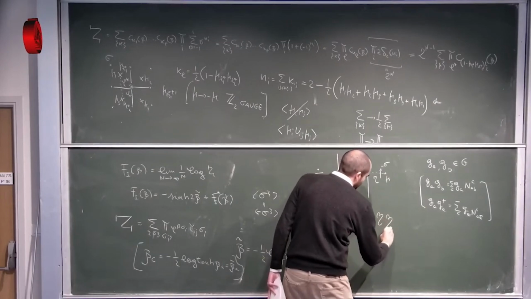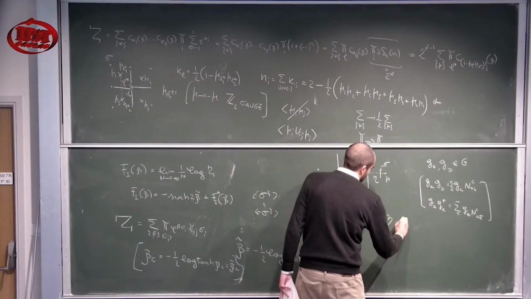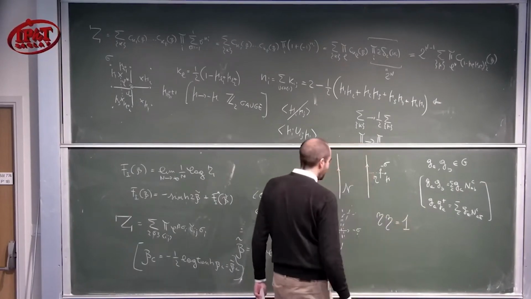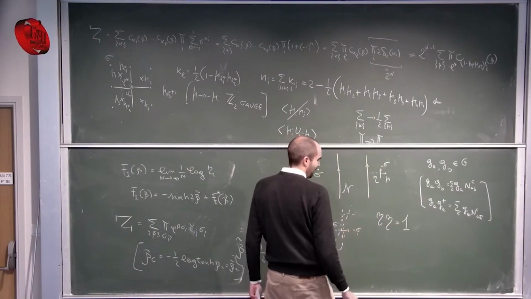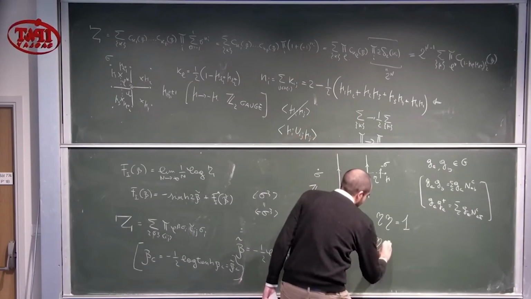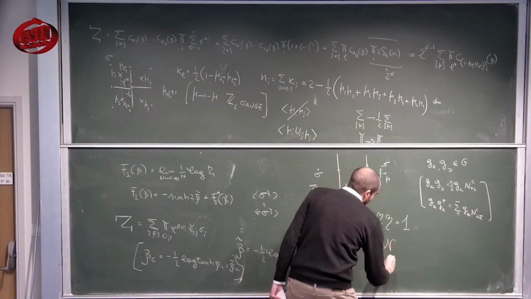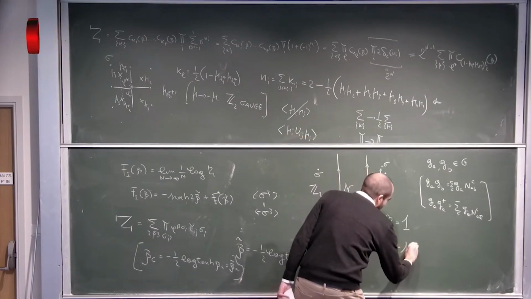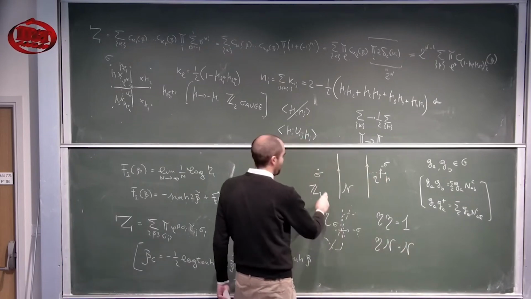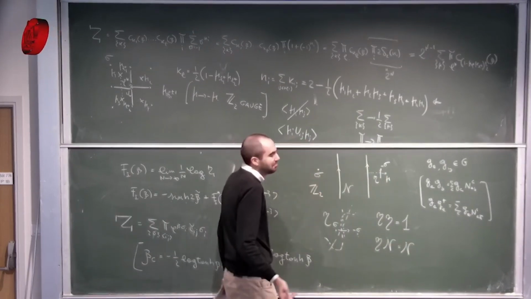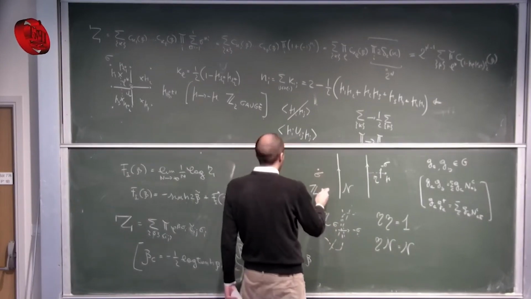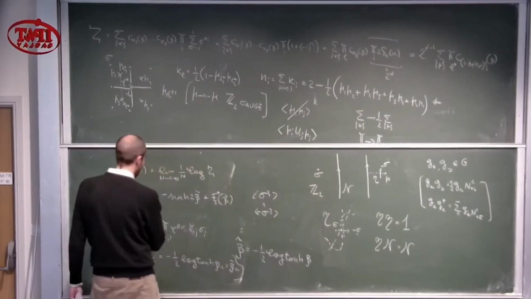Clearly, if I apply two etas, I just get the identity. This is trivial to see. If I apply eta and then n, I just get n. This is also trivial to see because eta leaves the whole theory on this side invariant. So I can first apply eta, nothing happens to my partition function.